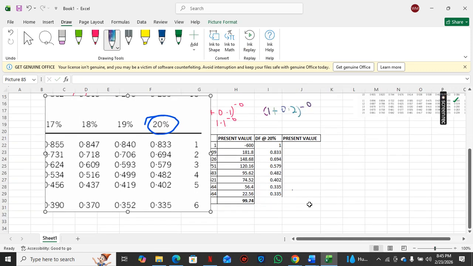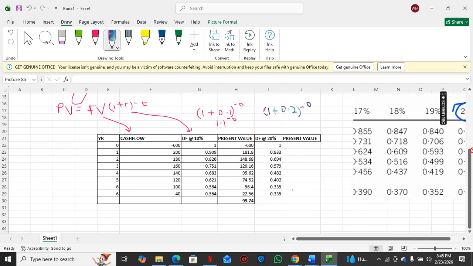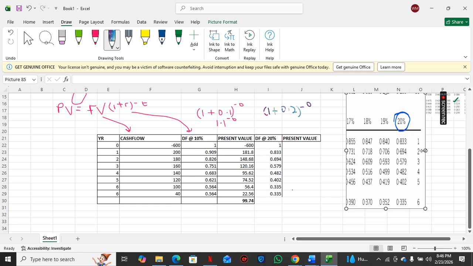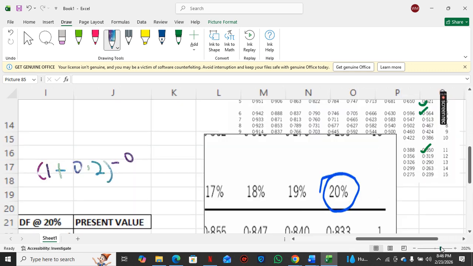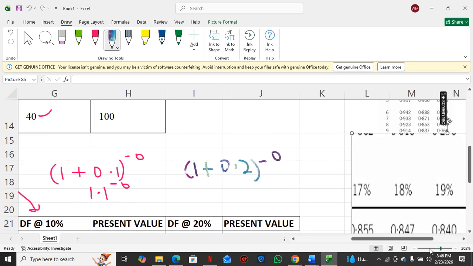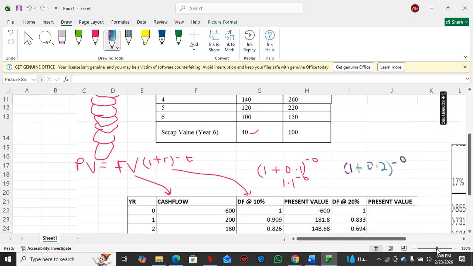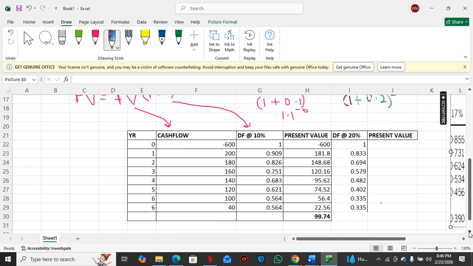Okay, colleagues, just do that and you repeat the process again. Remember, with the internal rate of return, you just want 2 net present values. So you're multiplying these cash flows. The cash flows still stay the same, but you're now multiplying them with these discount factors for 20%.